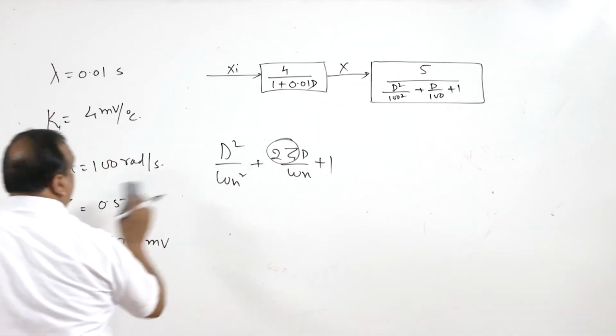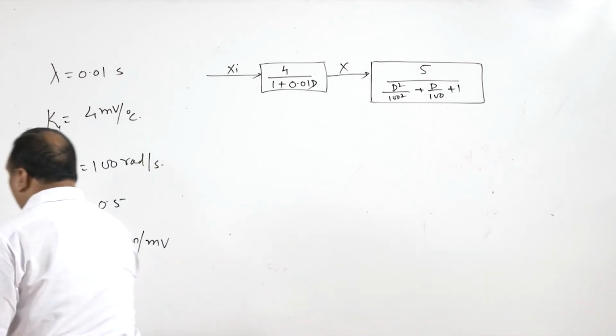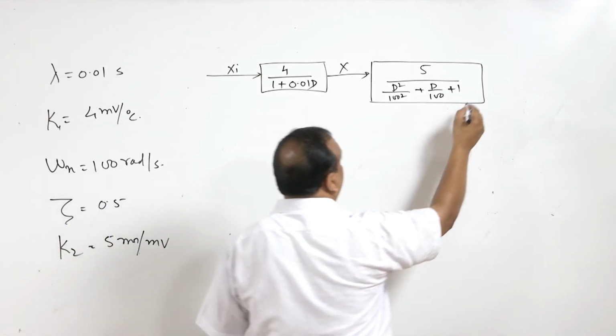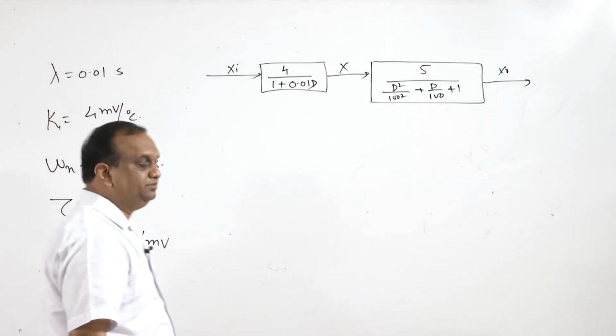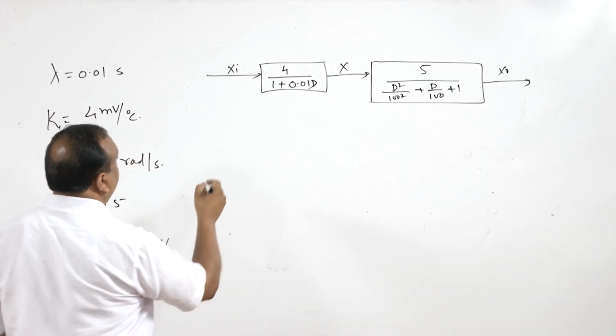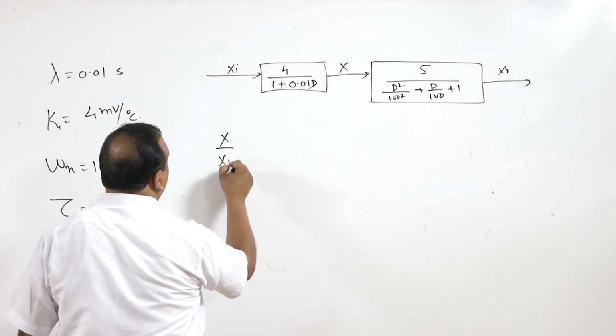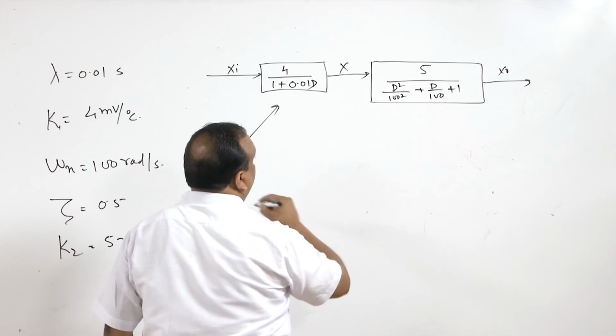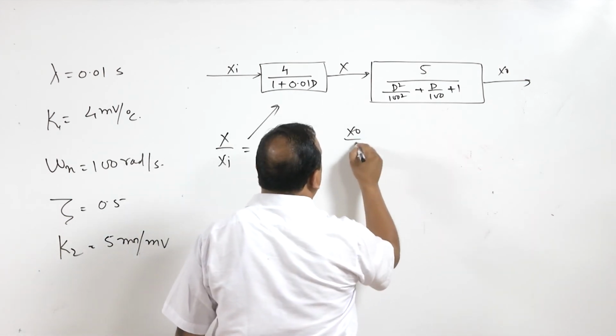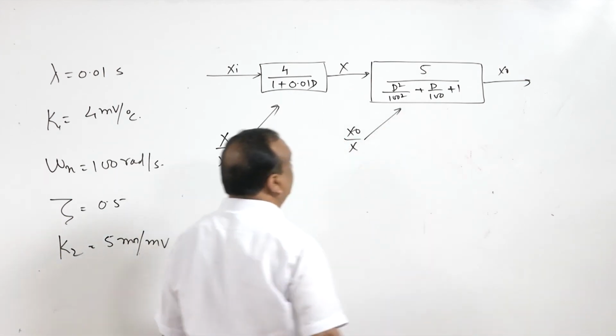And this is the transfer function for the second instrument, and the output of this instrument is XO. So x upon xi is equal to this, and XO upon x will come from here.